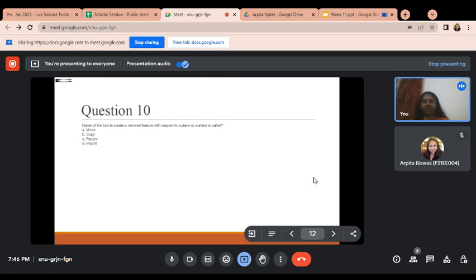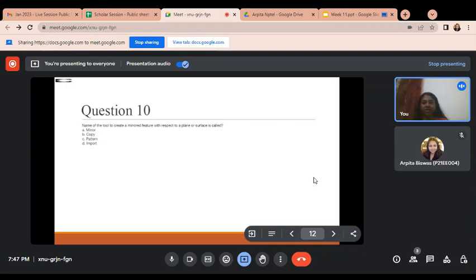Next we are moving towards question number 10. The name of the tool to create a mirror feature with respect to a plane or surface is called.